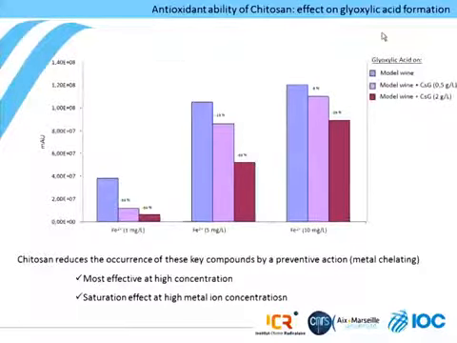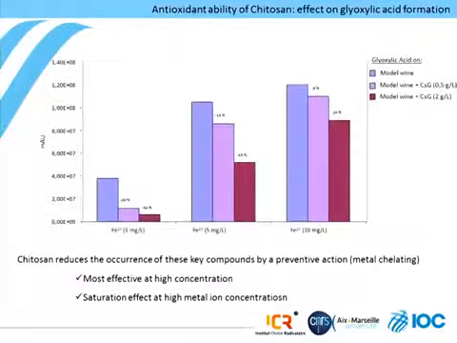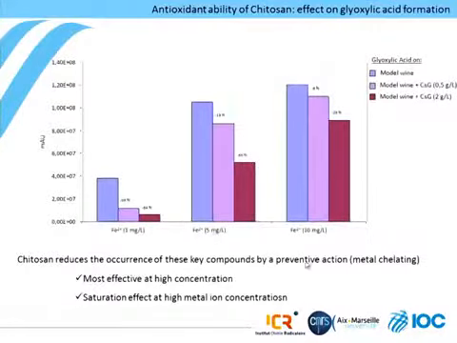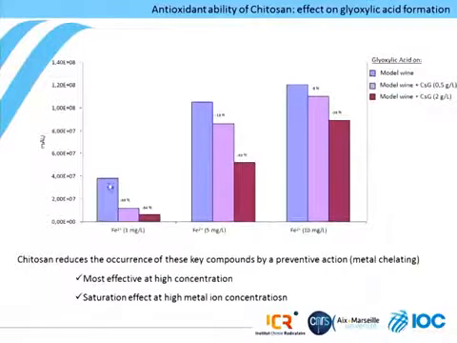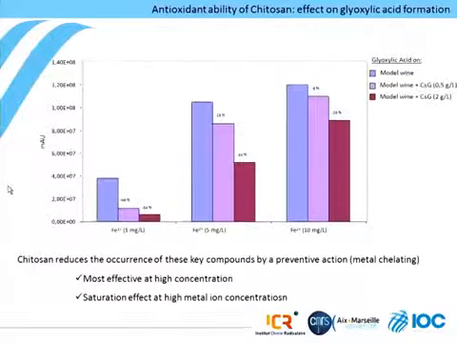In order to do so, we performed additional tests with the very same model solutions. We added the mixtures of flavanol, and we added iron 2 plus concentrations. This is the species that favors acetylic acid formation.